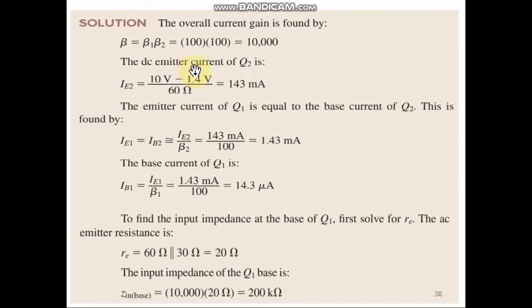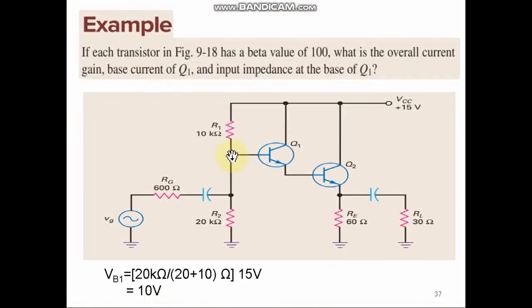The DC emitter current of Q2, that is IE2. Here there is 10 volt available. So what is the voltage available here? That will be 10 minus 0.7 minus 0.7. Two transistors are connected like this, so 0.7 drop here, 0.7 drop here, total drop will be 1.4.